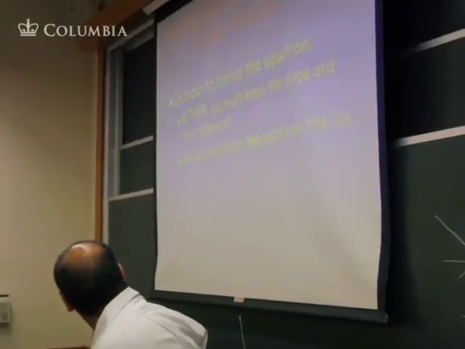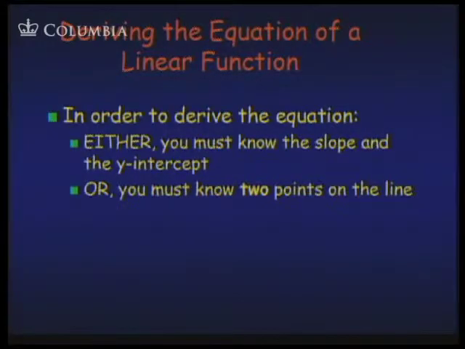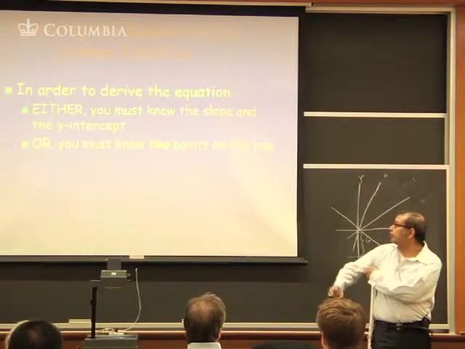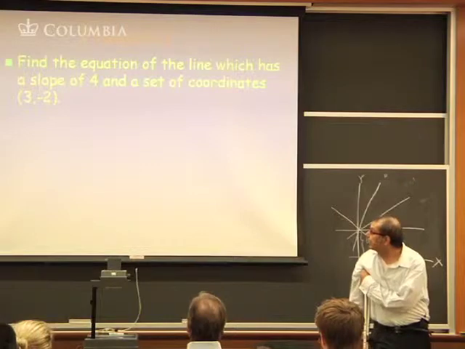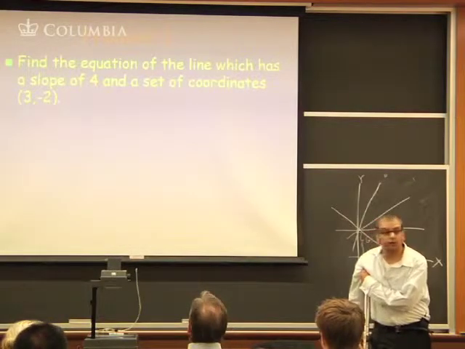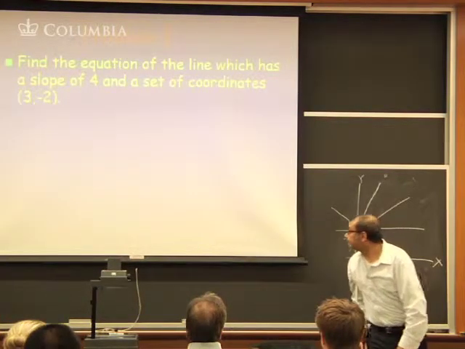Okay, now, so in order to derive the equation, either you have to know both the slope and the y-intercept, or, as Richard pointed out, if you knew 2 points on the line, you could construct the slope, and you could also construct the y-intercept. Okay, and so let's do a problem like that.